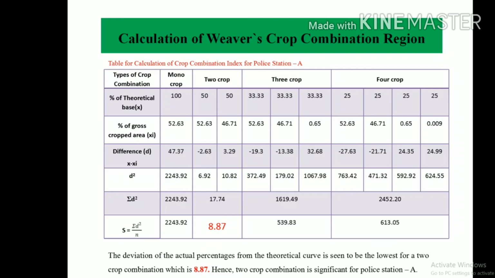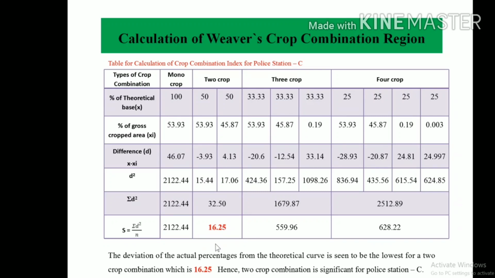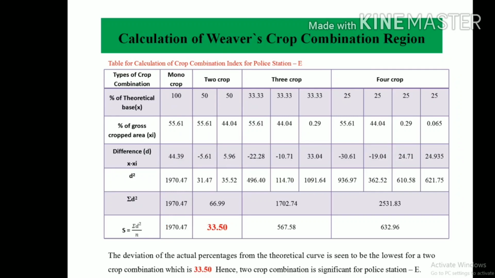For police station B, two crop combination is significant. For police station C, again two crop combination is significant. For police station D, monocrop combination is significant. For police station E, two crop combination is significant.